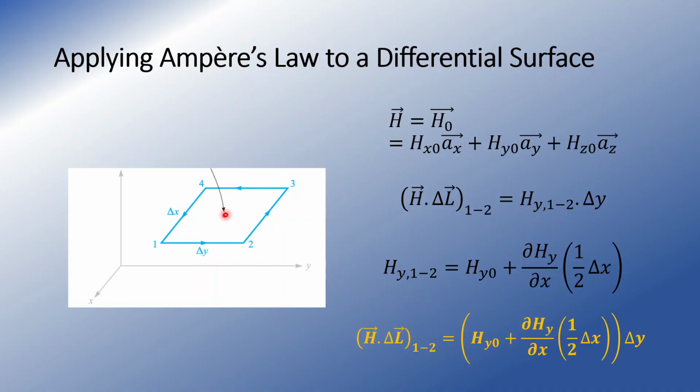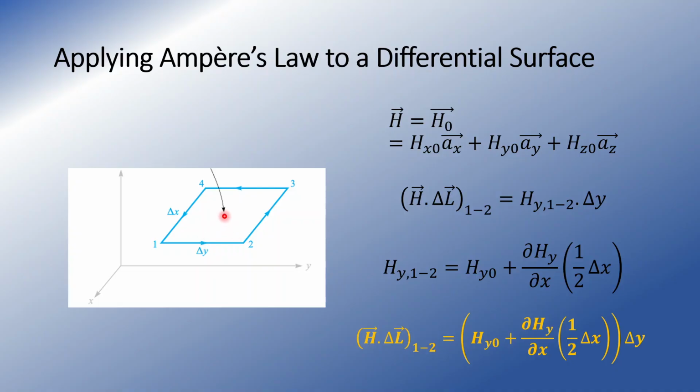It is the center magnetic field, whatever is present, plus an increment by this particular component. What is this component? The Hy component varying in the x direction, the rate of change in the x direction, because from the center, 1 to 2 is in the positive x direction.